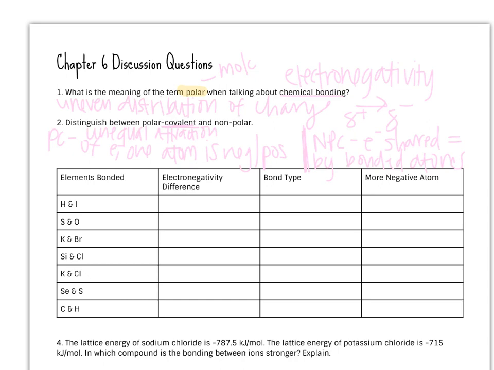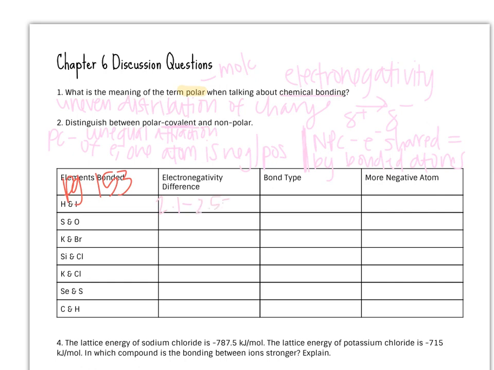Okay, so on this next chart, you had to go to page 153 in your book to find the electronegativities. Page 153. For hydrogen, the electronegativity is 2.1, and then iodine is 2.5.